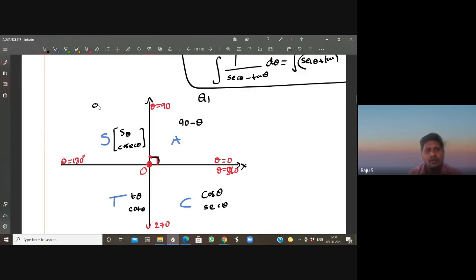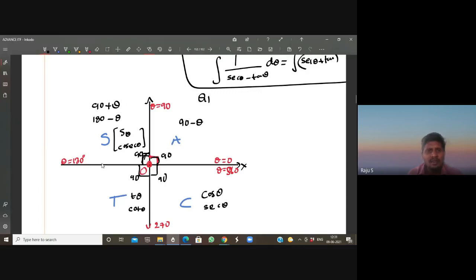Second quadrant, how to write the angle? 90 plus theta and 180 minus theta. Yes or no? The angle in the second quadrant is lesser than 180 and more than 90. Here the angle between the x and y axes is 90.